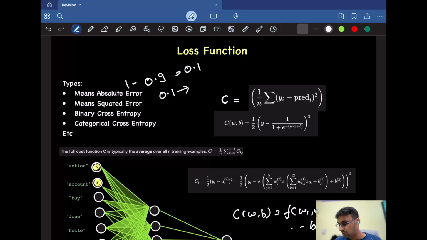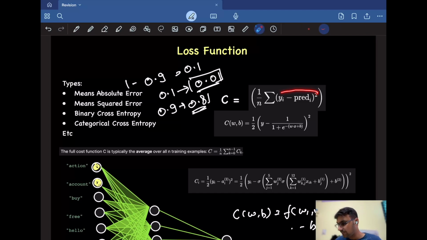The difference is 0.1. When we square it, the error we are telling the model is 0.01. So that is reduced from the actual value. But if it is a higher value, it will be more highlighted. Let's say the error is 0.9, then it will be 0.81. That is one of the reasons we have taken the squared loss function.